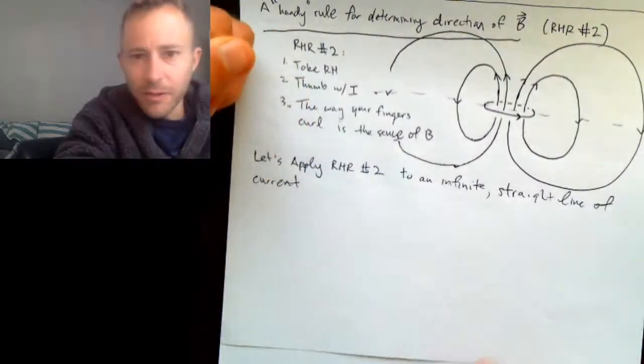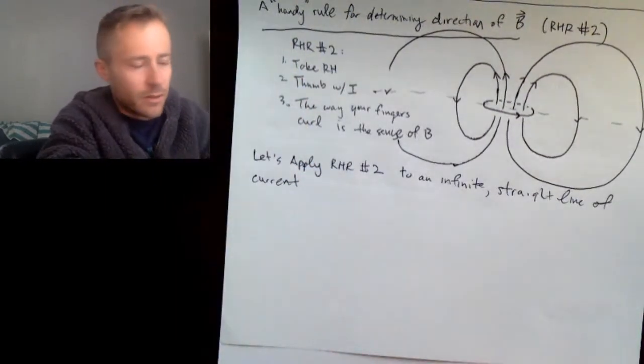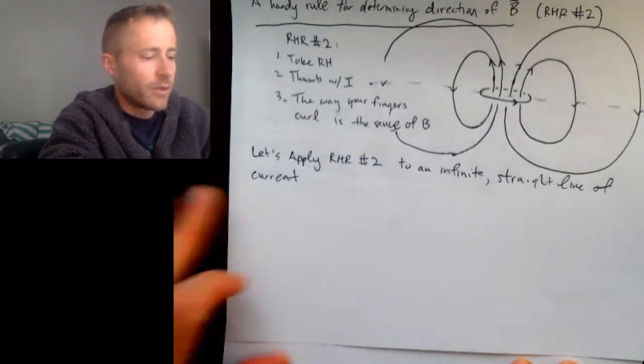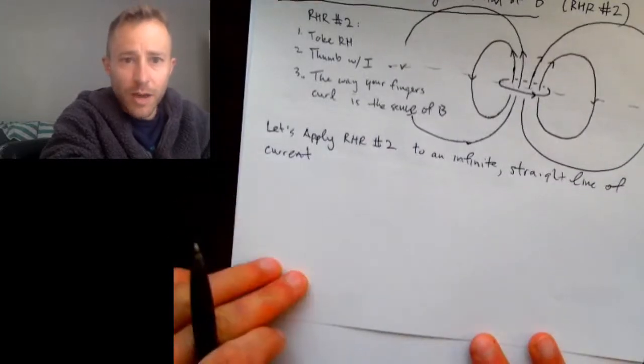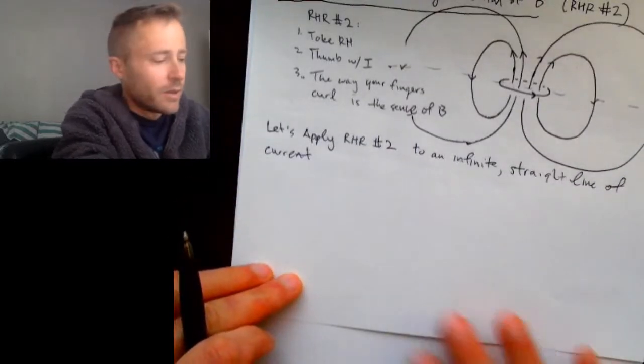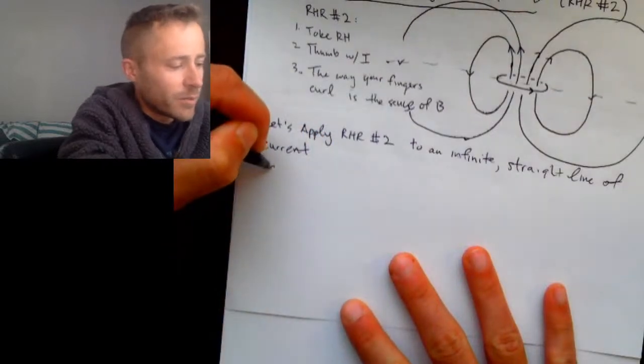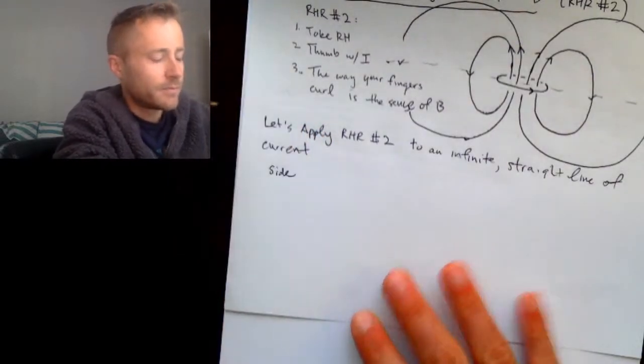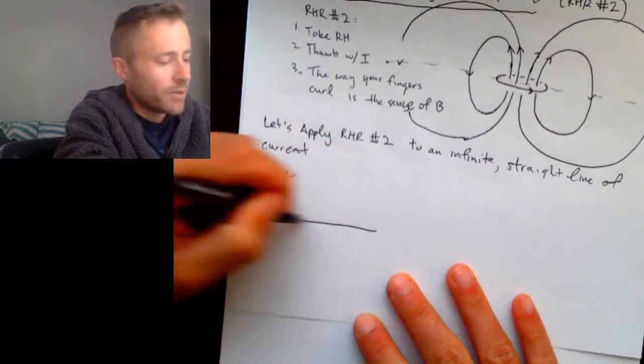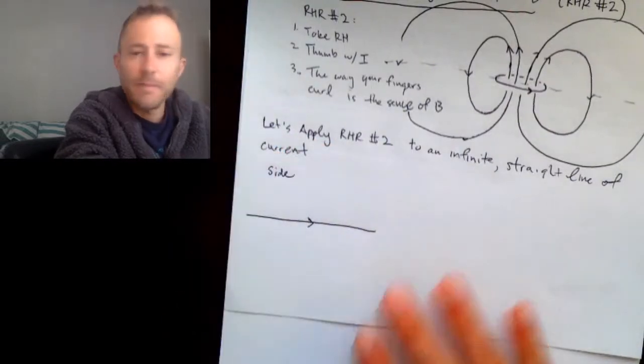So how do the magnetic field lines look for an infinite straight line of current? Well, we can think about this from a lot of different perspectives, okay? So I'm going to think about it from a side view. So from a side view, the infinite line of current looks like this.